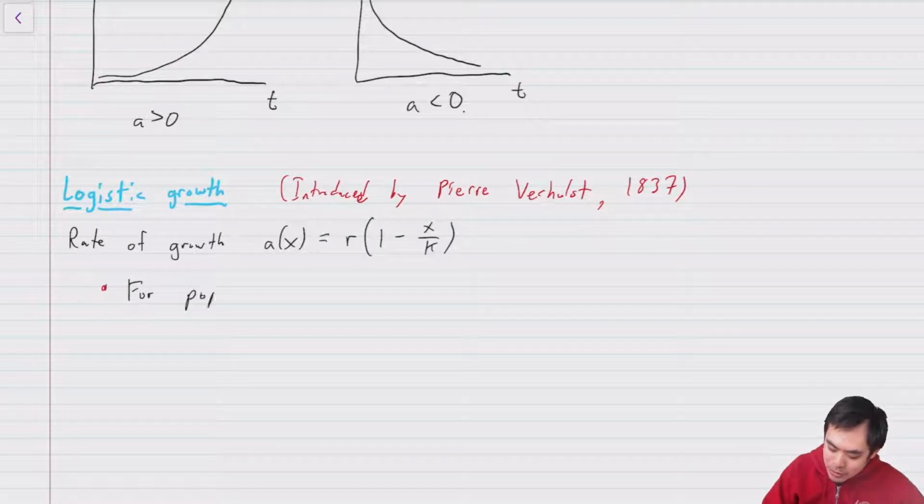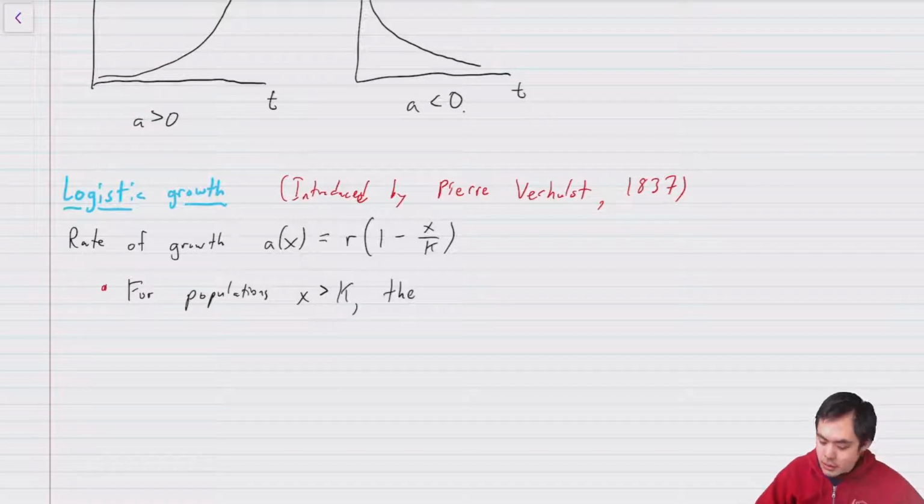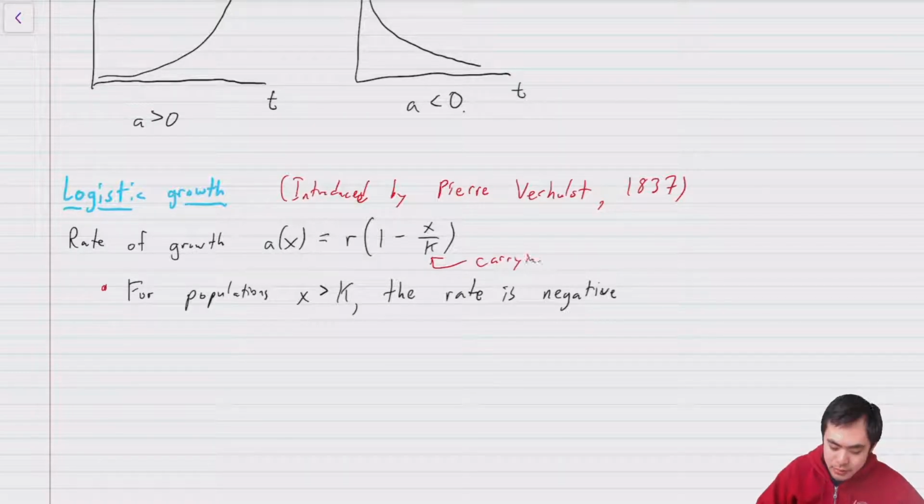So for populations x greater than k, not 5, don't know why I wrote that there, greater than k, the rate is negative. So here k is something we call the carrying capacity, because that's the maximum number that the system supports in a stable way.